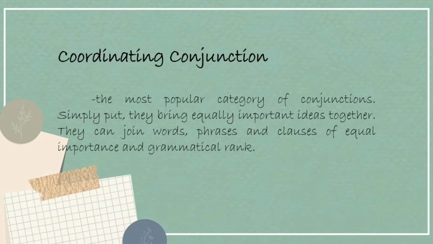What is a coordinating conjunction? The most popular category of conjunctions. Simply put, they bring equally important ideas together. They can join words, phrases, and clauses of equal importance and grammatical rank. So when we say coordinating conjunction, basically their role is to put together words or phrases or sentences, to link them together.